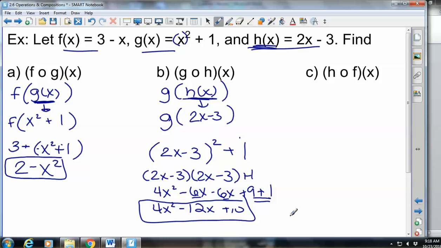Alright. Let's try C. H of f of x. What is f of x? 3 minus that.